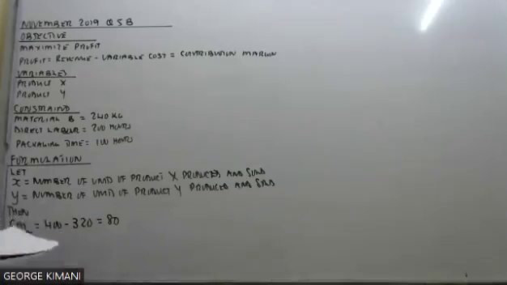So that gives you a contribution margin of 80. The contribution margin of Y: the selling price is 360, and the variable cost is 300. So that gives us 60.